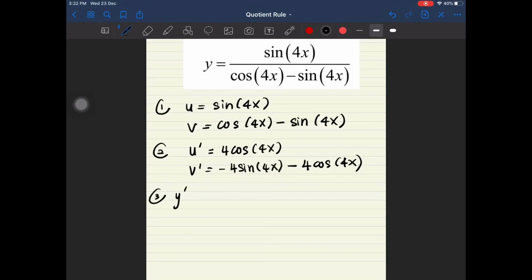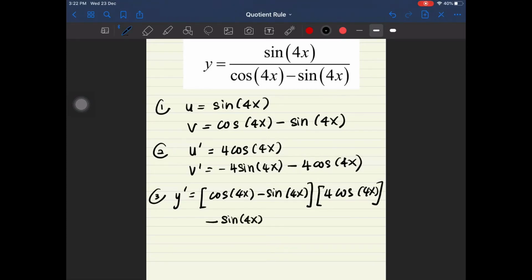Next, we apply the quotient rule. Therefore your y prime is equal to v u prime. So you will have cos 4x minus sine 4x multiplied by 4 cos 4x, minus, so what is your u?